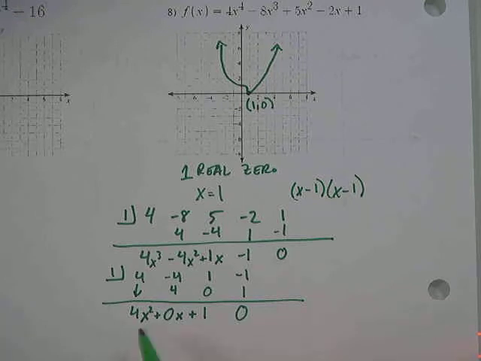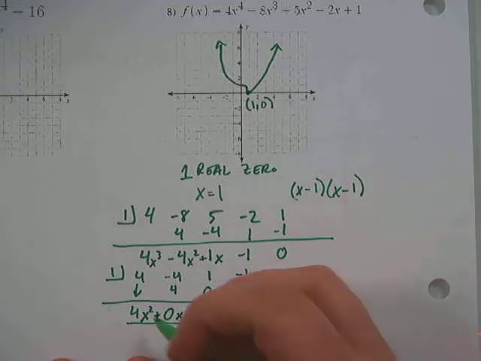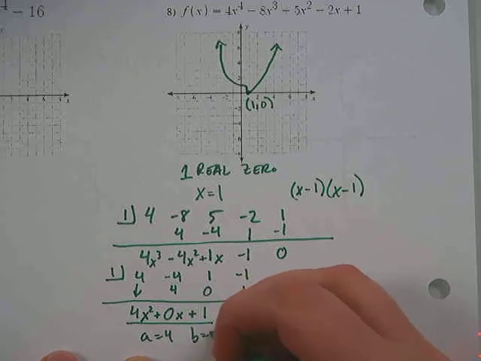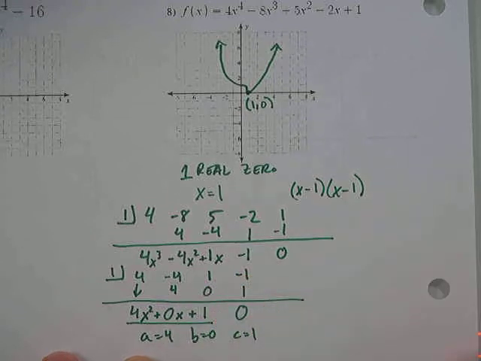Okay, so once we get it down to this format where we've got it as a quadratic, that's where we have to take it and plug it into the quadratic formula in order to find our imaginary zeros. So A is going to be 4, B is 0, C is 1.